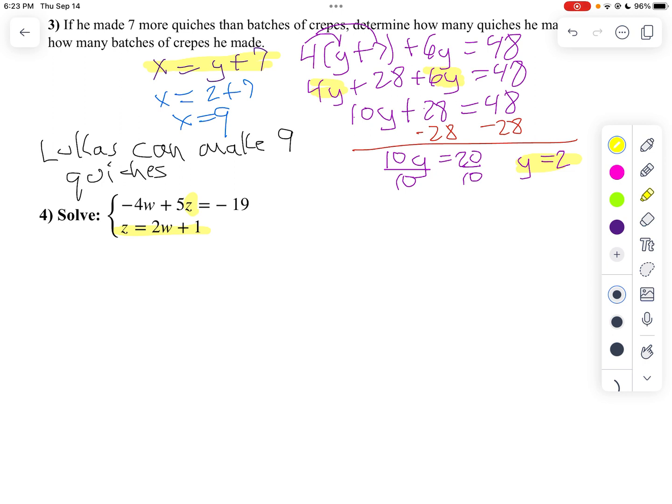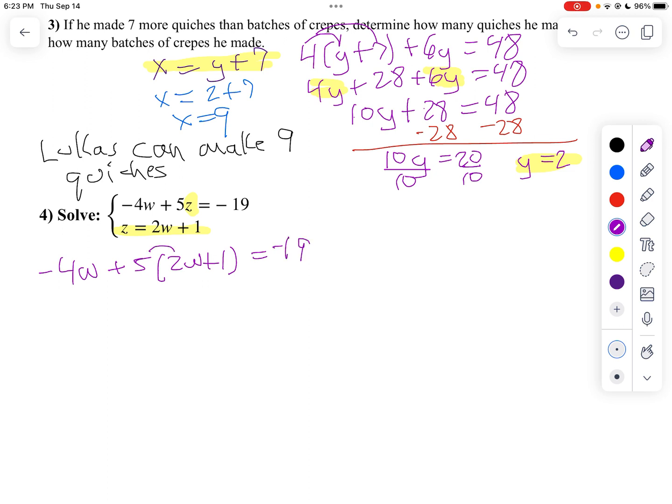So I'm going to copy down the rest of the problem. I'm going to say negative 4w plus 5, and then since z is 2w plus 1, I didn't mention that in problem 3, but when you replace an expression, use parentheses, equals negative 19.